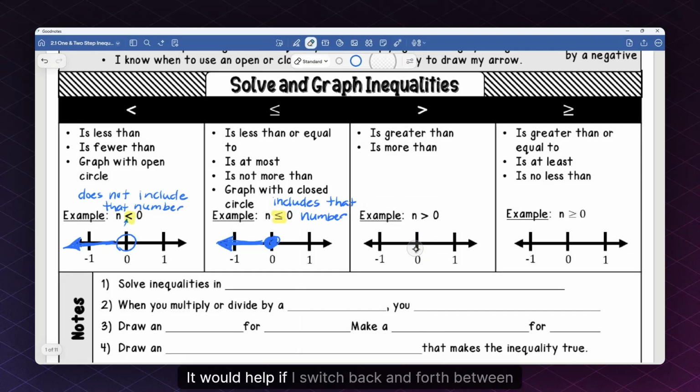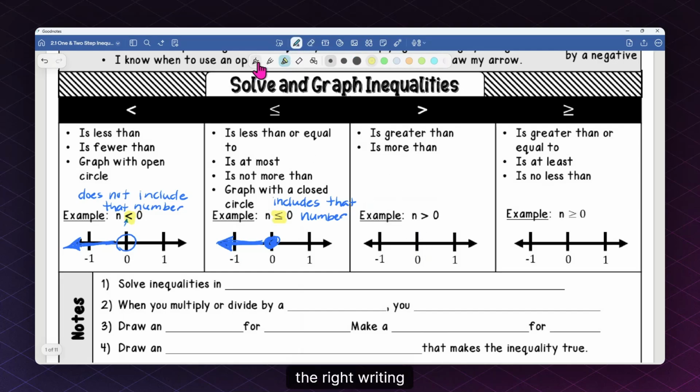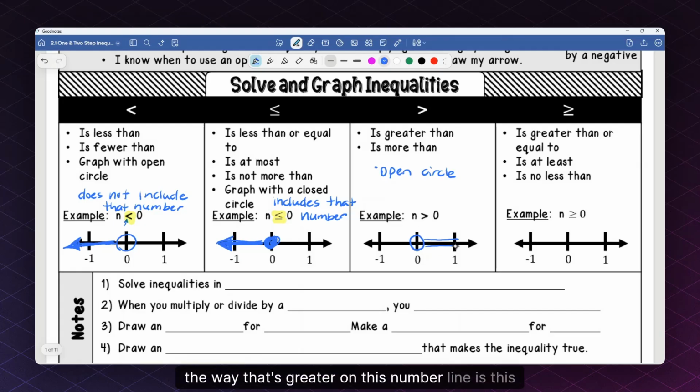And because it's greater than that, the way that's greater on this number line is this way. All these numbers that are greater than 0 are included. And that symbol does give us a little bit of a clue that we're going to point the arrow in that direction.